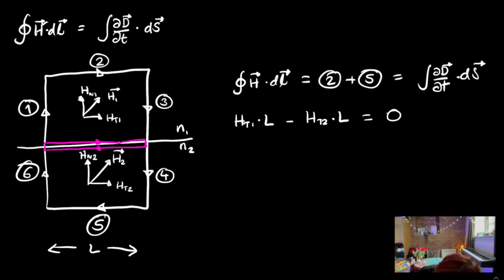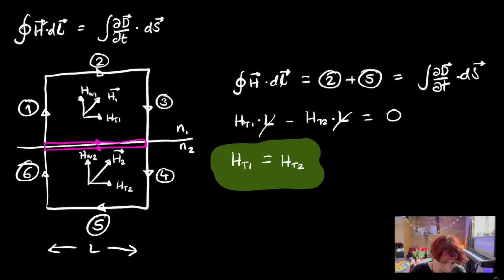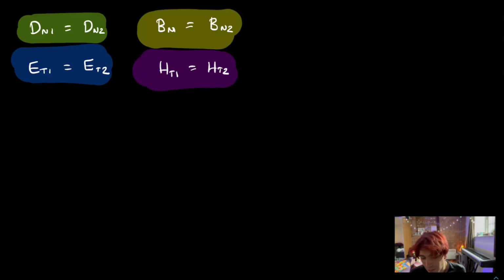And therefore we find that if we just delete the L's right here, we can get that the tangential component of the H field in medium 1 is equal to the tangential component of the H field in medium 2 right here. So there we go. We have our fourth and final boundary condition, which essentially says that it's the tangential component of the H field that transports across the boundary. So there we go. We have these 4 boundary conditions for each of these 4 fields right here.